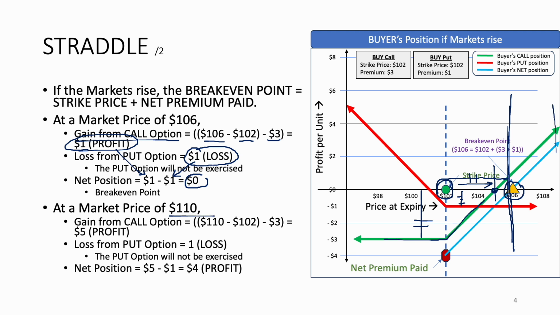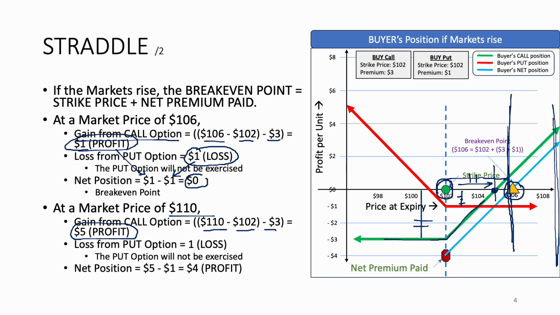Let us analyze one more position, at a market price of $110. That is somewhere here. So let us see what happens here. The call option will be exercised: $110 market price minus $102 strike price minus the premium paid of $3. So he makes a profit of $5. And the put option will not be utilized simply because the market price is higher than the strike price of the put option.